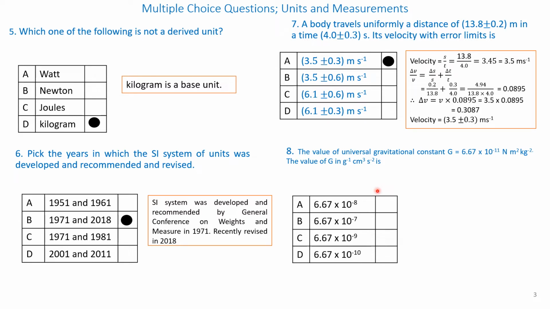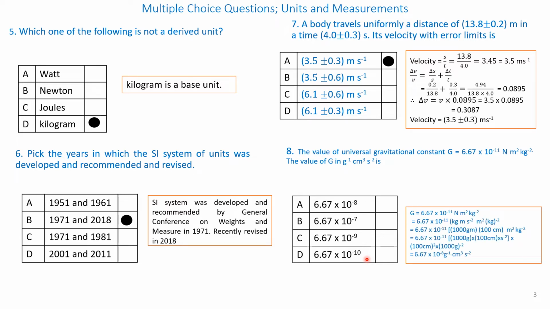Four options are given. Option A is 6.67 into 10 to the power of minus 8, option B is 6.67 into 10 to the power of minus 7, option C is 6.67 into 10 to the power of minus 9, and option D is 6.67 into 10 to the power of minus 10.